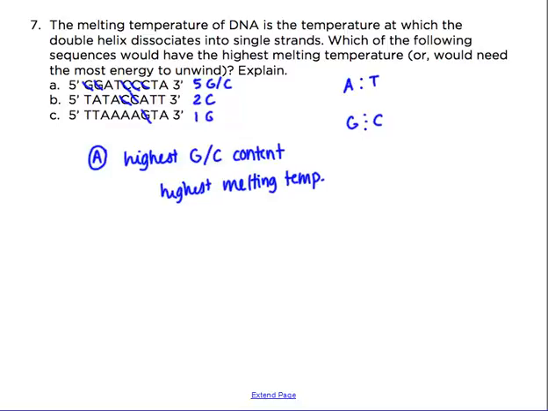Now, if you want to rank them, even though they don't ask us, the highest to lowest temperatures, A again is going to have the highest, which would be greater than B, which would be greater than C. And remember, that's because B has 2 C's, whereas C only has 1. So again, the higher the GC content, the higher the melting temperature is going to have to be because of that extra hydrogen bond.